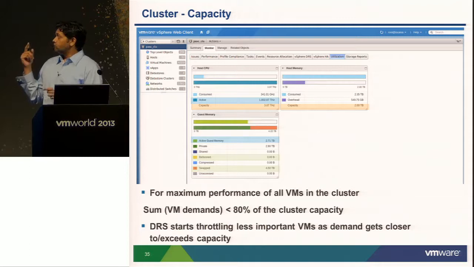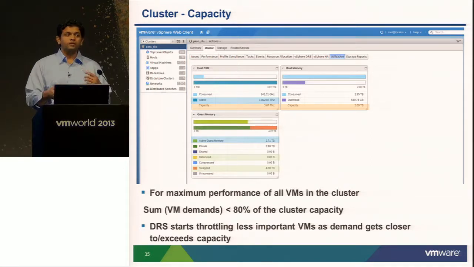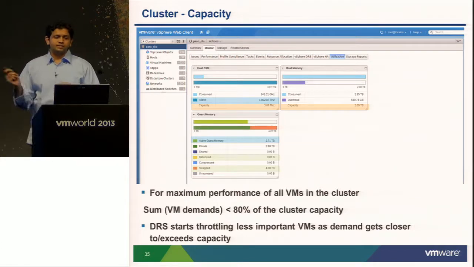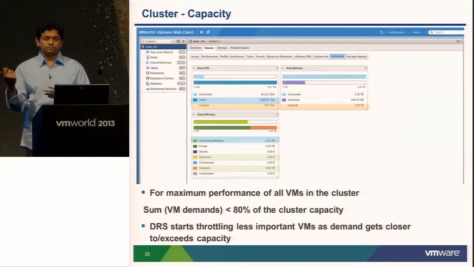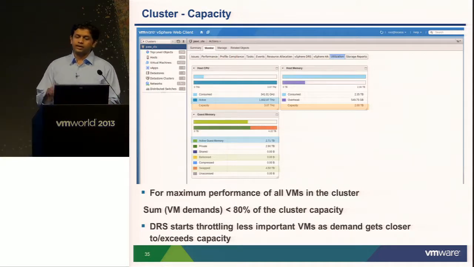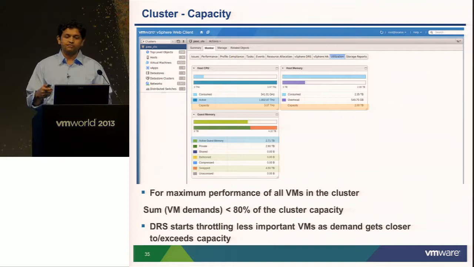And if you see a lot of swapping but no ballooning, as shown in this example, then it means that a lot of the VMs don't have the guest driver. So it's a good idea to check that all the VMs have guest drivers so that they can use ballooning instead of swapping.